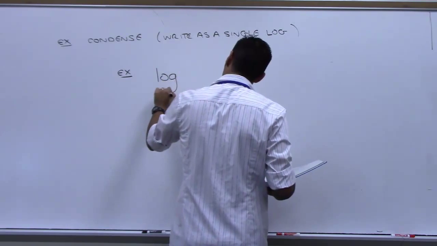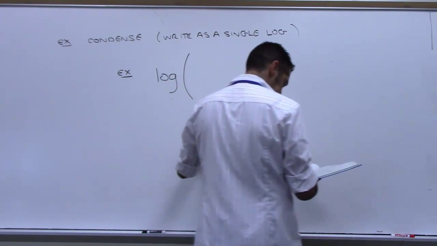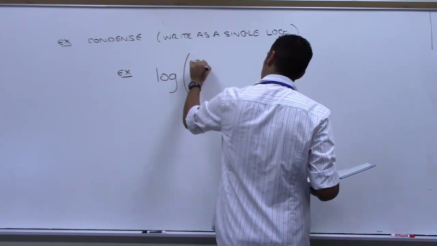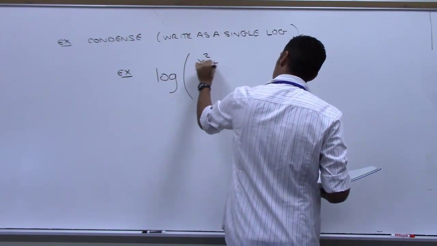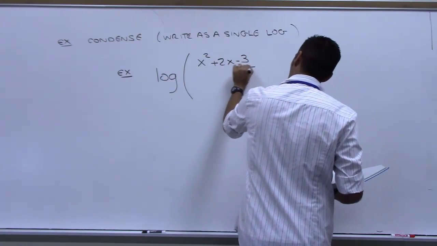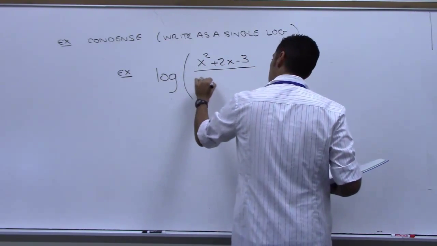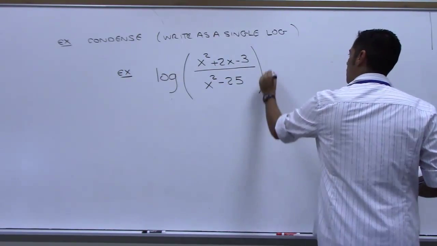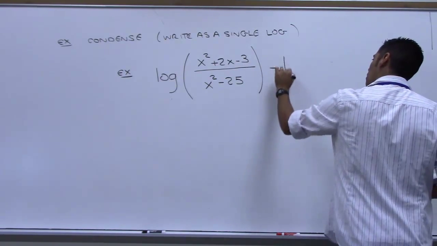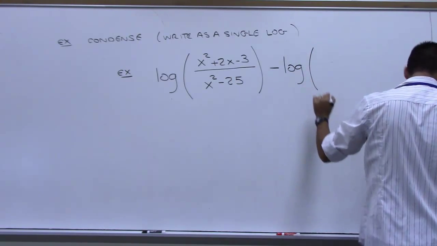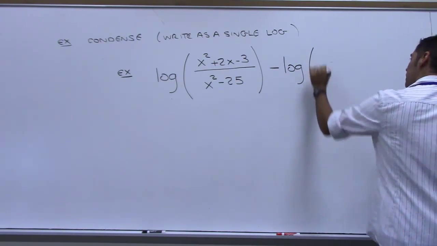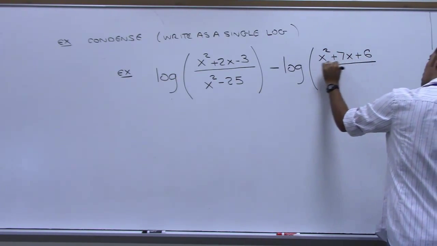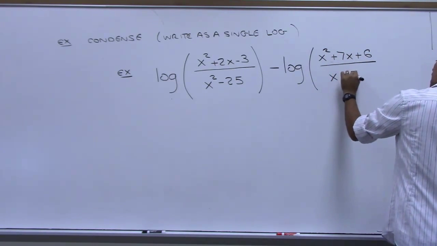Log of x squared plus 2x minus 3 over x squared minus 25, minus log of x squared plus 7x plus 6 over x plus 5.